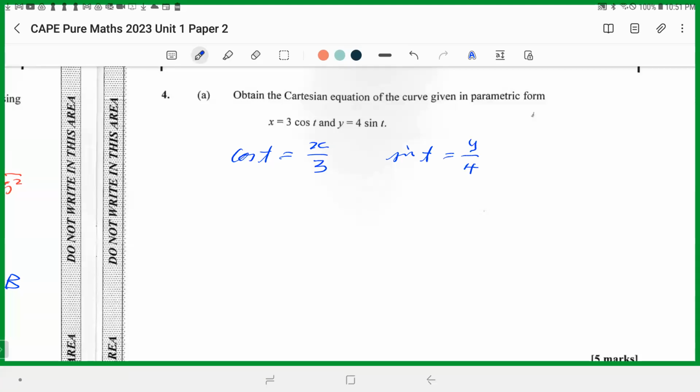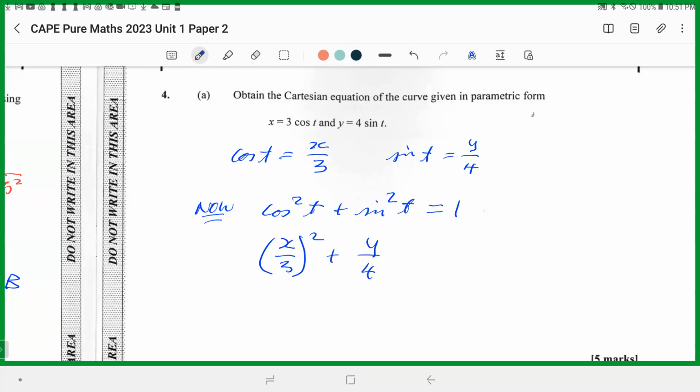What do we know? Cos squared t plus sine squared t is always equal to 1. So the square of this plus the square of this is equal to 1. So x over 3 squared plus y over 4 squared is equal to 1.